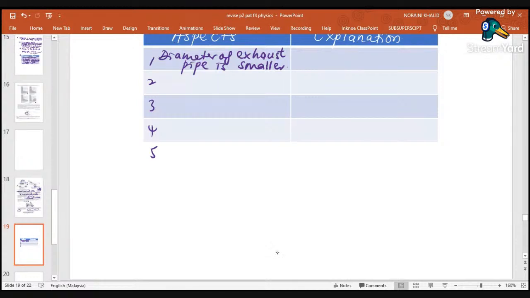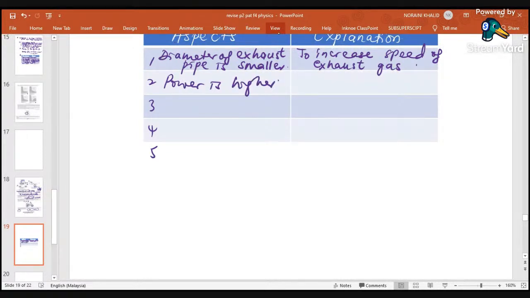So you need to increase the speed of the exhaust gas, because increasing speed increases momentum. A larger momentum backward will produce a larger momentum forward, so the motorcycle will move faster. And then the power is higher.